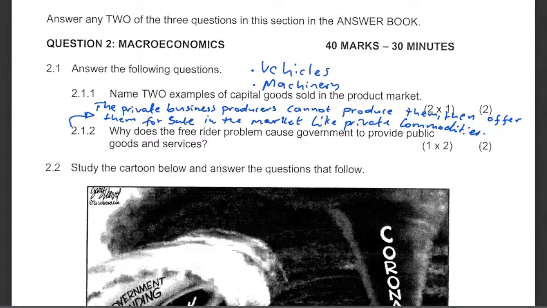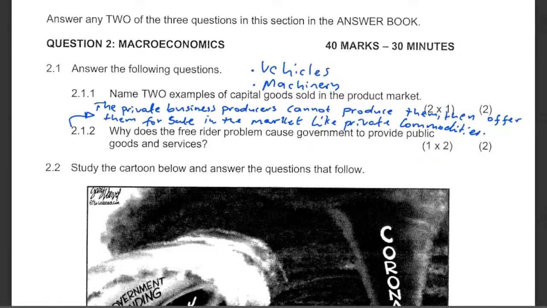Okay, right. So, grade 12s, why does the free rider problem cause the government to provide public goods and services? It is because the private business producers cannot produce them, then offer them for sale in the market like private commodities.